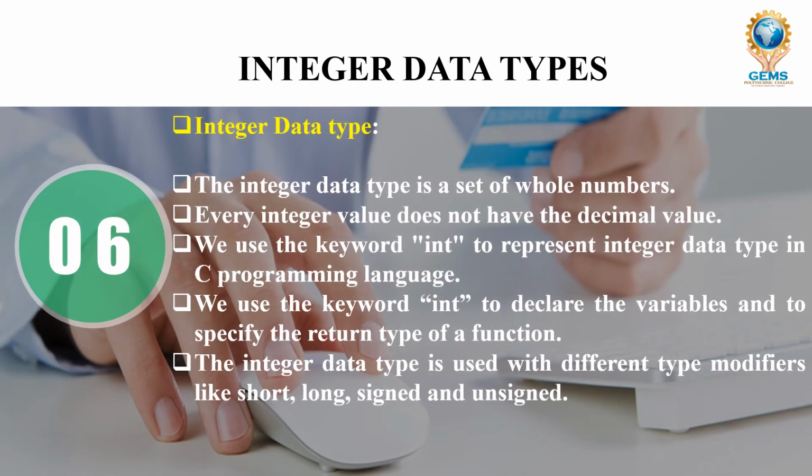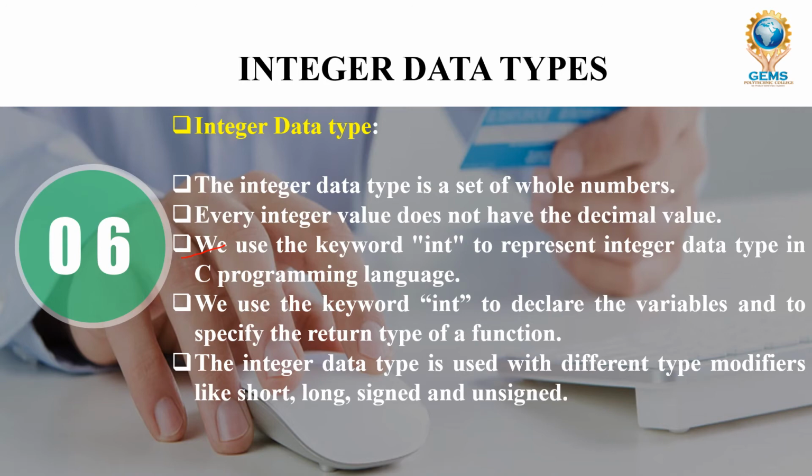Now the integer data type. The integer data type is a set of whole numbers. Second point: integer data types do not hold any decimal value, right? Third point: we use the keyword int to represent the integer data type in the C programming language.